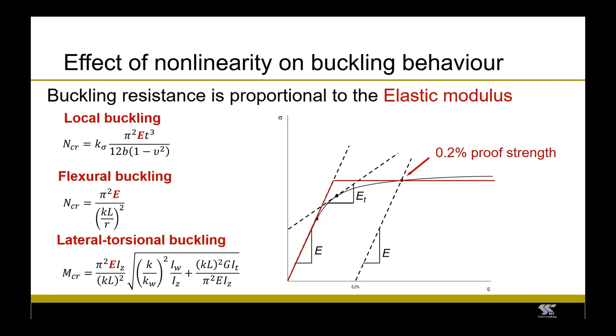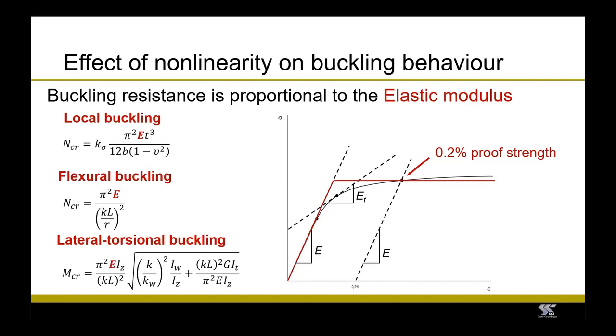The initial modulus of elasticity of stainless steel is similar to the one for carbon steel. But as you can see in this figure, it decreases gradually before the material reaches its yield strength. Because of the reduction of the elastic modulus when the stress increases, the elastic buckling resistance also reduces.